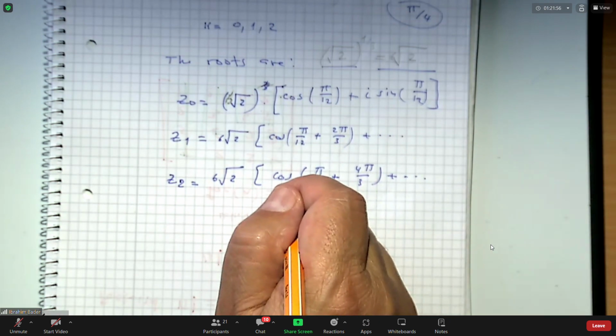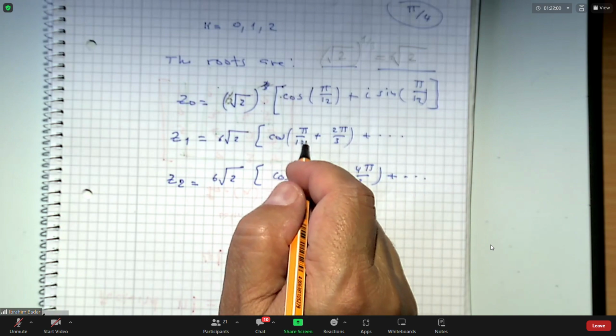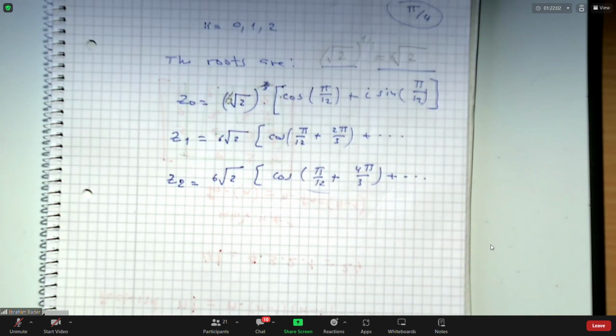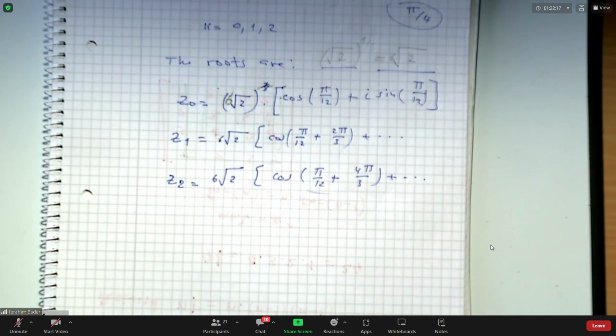So here you will be getting, for instance, pi over 12 plus 2 pi. So you have here 8 over 12, right? 8 plus 1, so 9 over 12. And then you evaluate cosine, multiply this out, you evaluate this 6th root of 2, and so on. So ultimately, if you want to plot it, you need to evaluate it in the so-called standard form, because then you will be having this as an ordered pair.